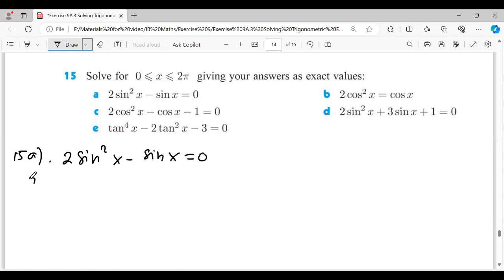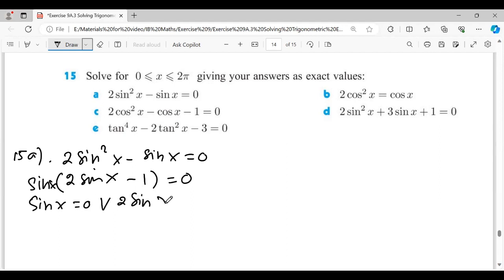Through factorization, it becomes sine x times 2 sine x minus 1 equals 0. So sine x equals 0, or 2 sine x minus 1 equals 0. So 2 sine x equals 1, sine x equals half.